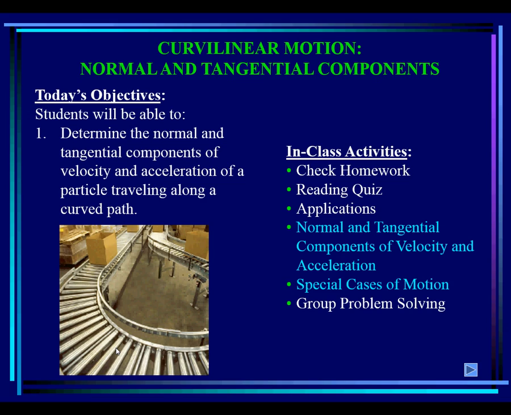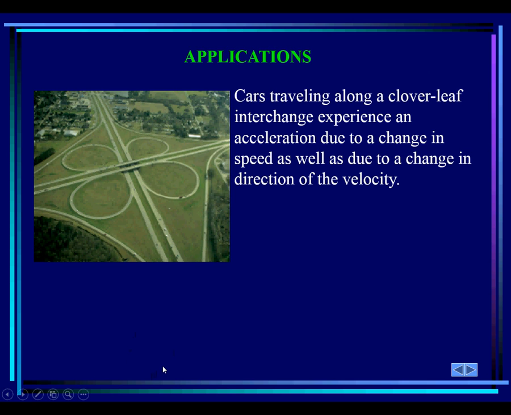Okay, so here we're going to focus mainly on studying the normal and tangential components of the velocity and acceleration. So let's say here you have a freeway, and a vehicle can take the turn this way and go this way, or it's coming from here and goes around, goes this way, or coming this way, goes around and then goes in the, if we let's call this north direction, south, east and west.